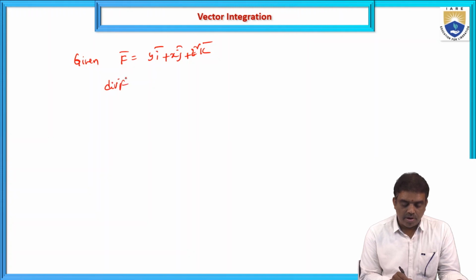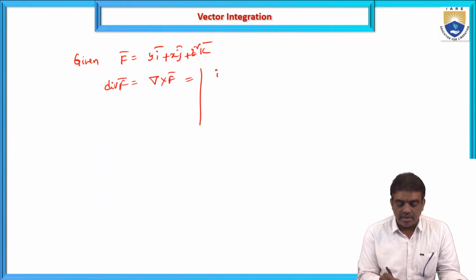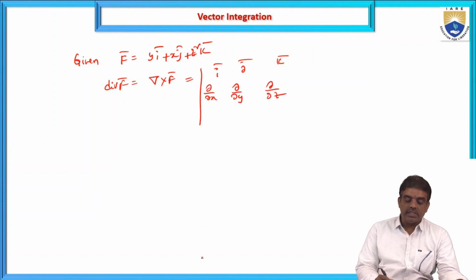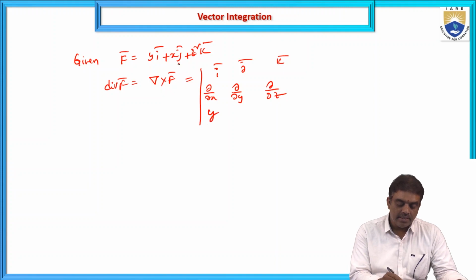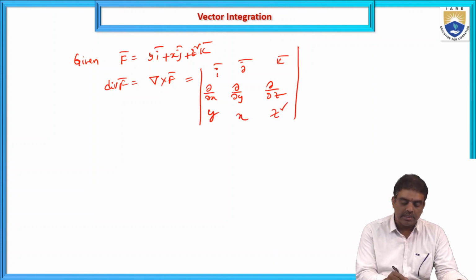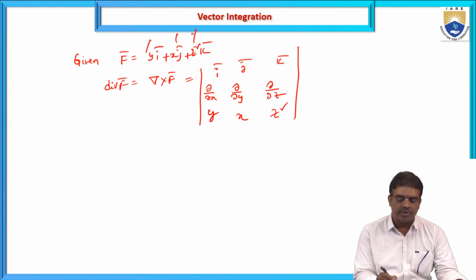Then del cross f bar is the determinant of i bar, j bar, k bar; dou by dou x, dou by dou y, dou by dou z; and the third row is y, x, z square, because the coefficients are y, x, z square.